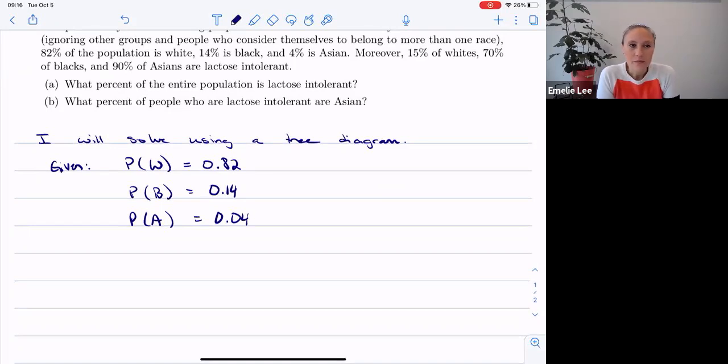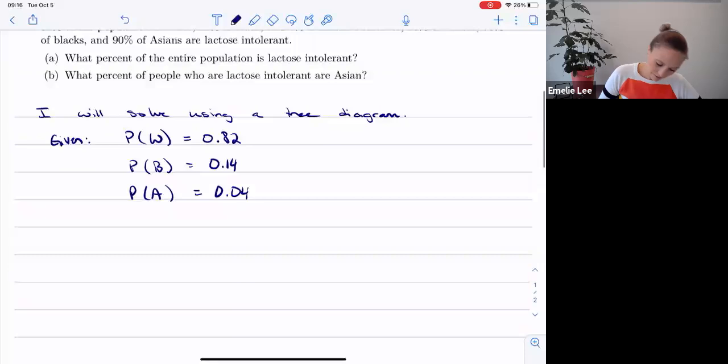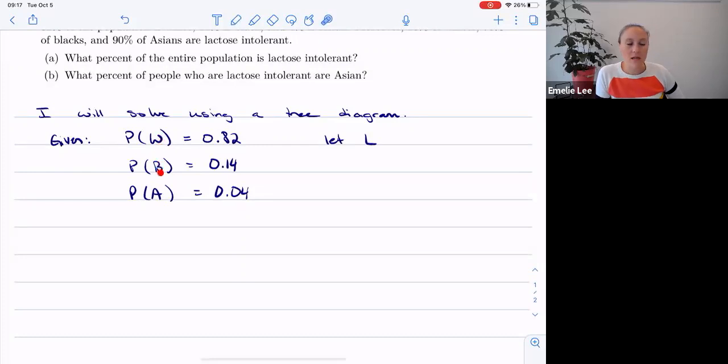So now, I didn't specify what these variables are, W, B, and A, because they're obvious. But now I'm going to let L denote lactose intolerant.